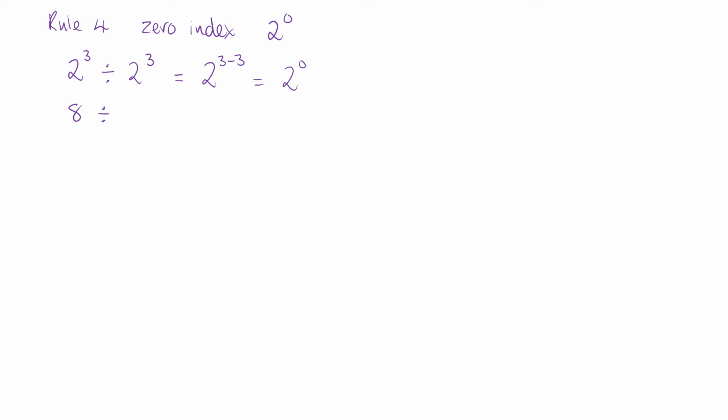So the sum was, we are dividing 8 by itself. How many times does 8 go into itself? It goes 1 time. So by the fact that we have got a 0 in the index here, that just means that we must have had the same number being divided by itself, so that's going to always equal 1.